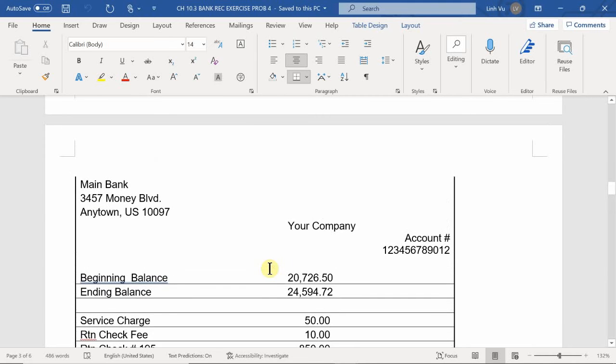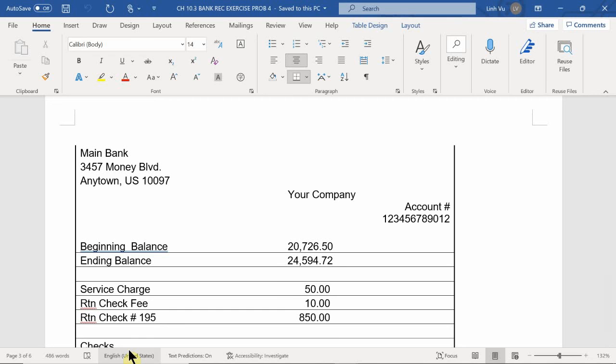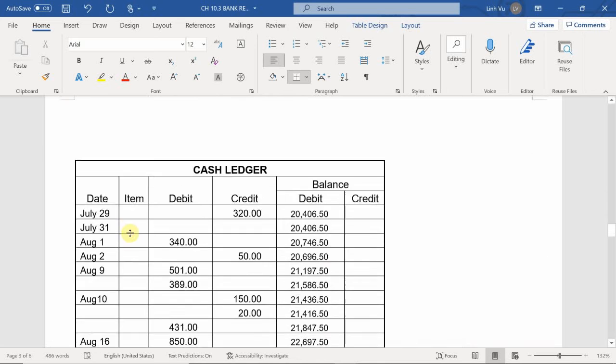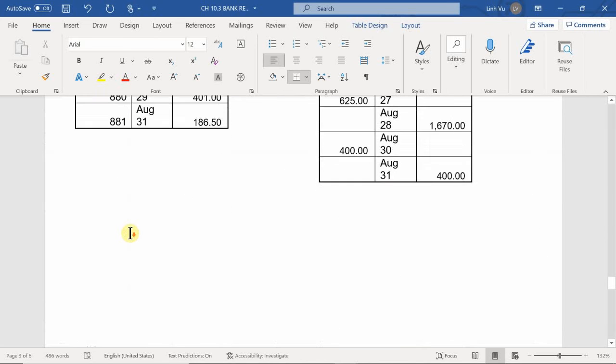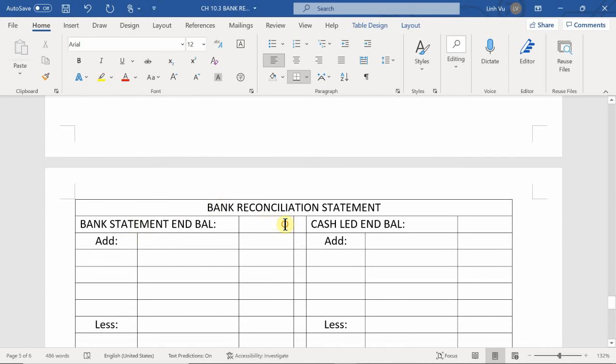What is my ending balance in my bank statement? $24,594.72.